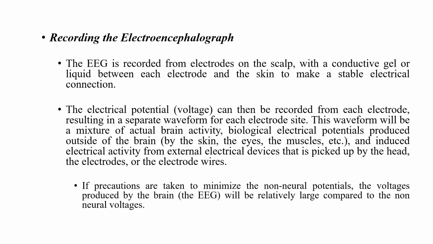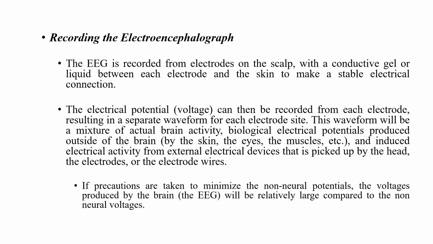Now, the first step is setting up the recording of the EEG. The EEG is typically recorded from electrodes on the scalp with a conductive gel or liquid between each electrode and the scalp, so that there is maximum conductivity and a stable electrical connection. The electrical potential, or the voltage, can then be recorded from each electrode, resulting in a separate waveform from each electrode site.